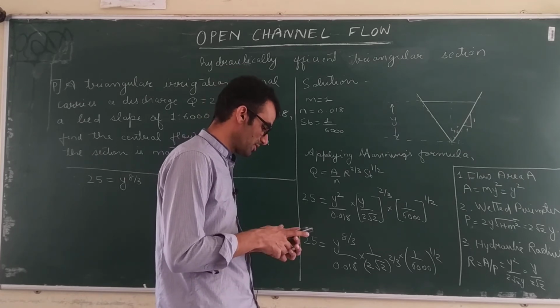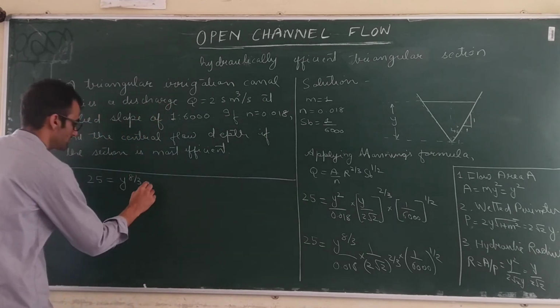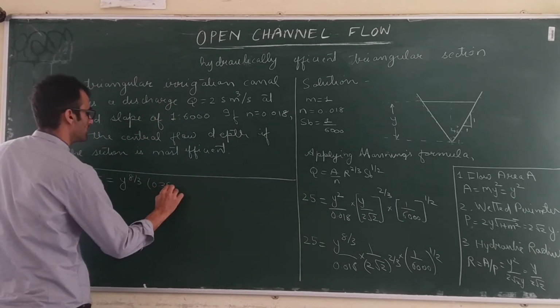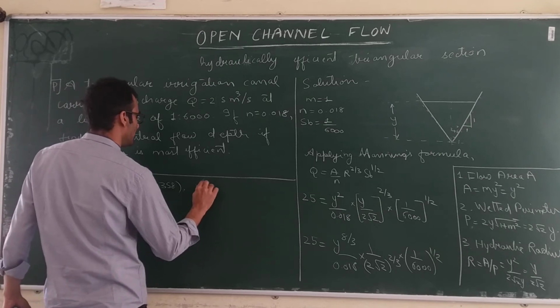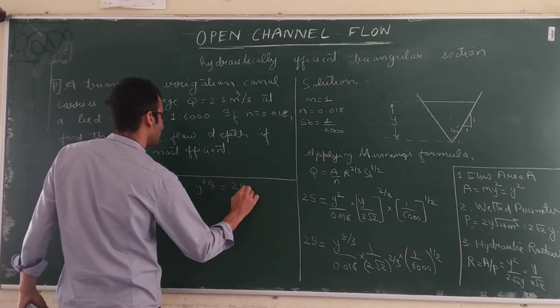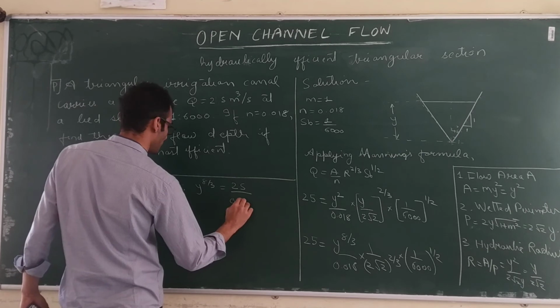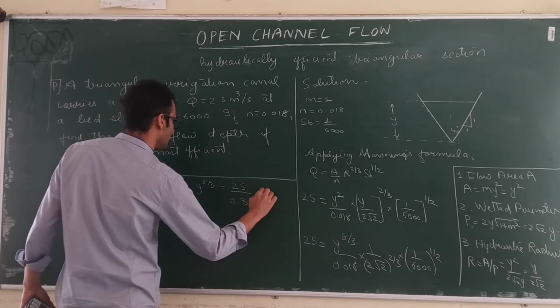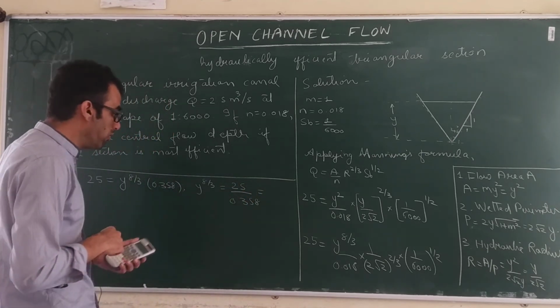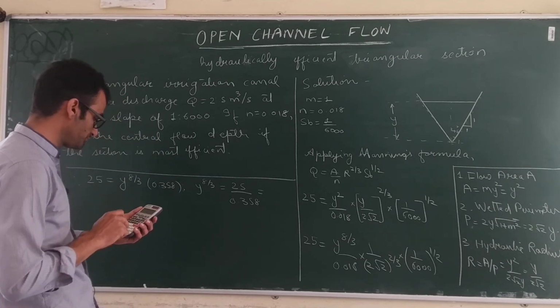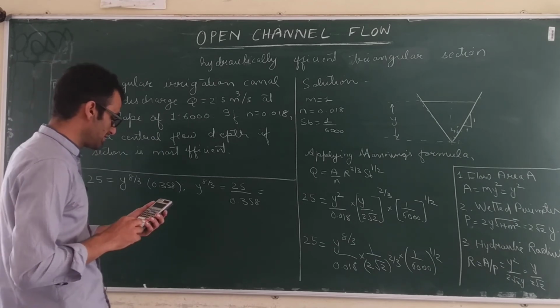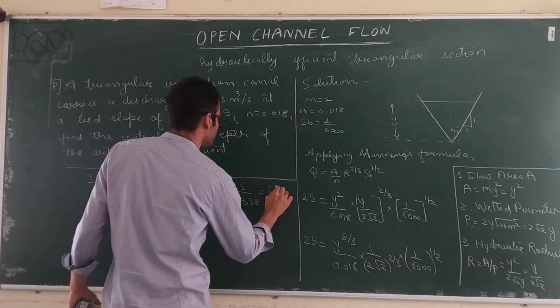So that is 0.358. So y to the power 8 by 3 will be equal to 25 upon this value 0.358. So that is 69.83.